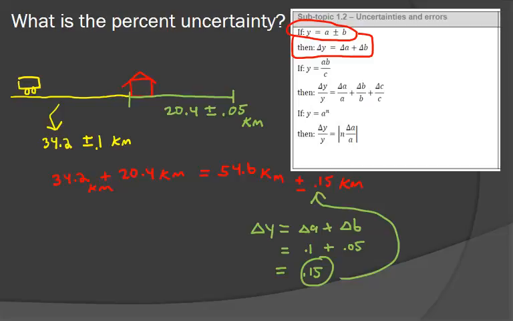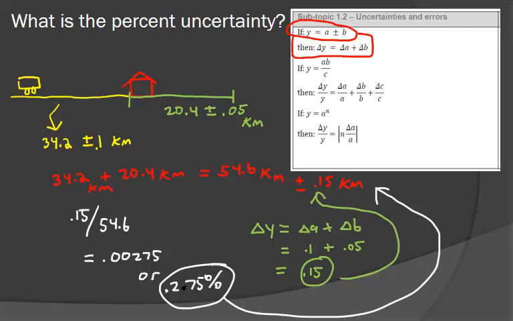Now, if we want to know the percent uncertainty, which is another aspect that's going to be important for us, what we do is we just take the uncertainty divided by the value, and in this case here, 0.00275 or 0.275% is the uncertainty of how much further or how much shorter the car actually traveled.